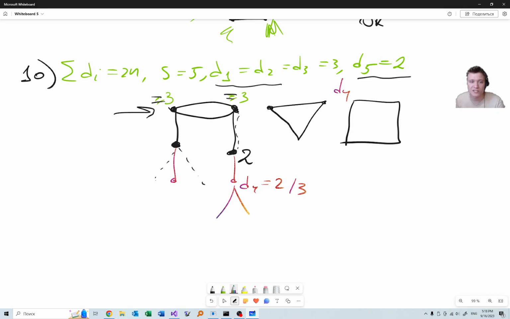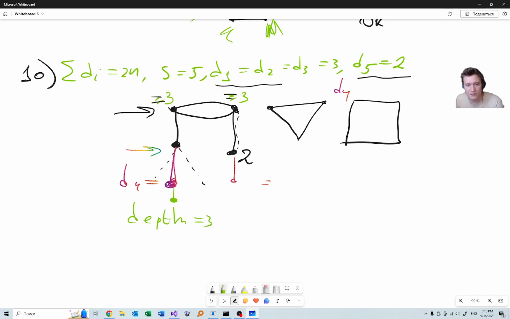Then the depth of this tree will be like 3. And the depth of this tree will be 2. The same goes if I attach d4 here. So if d4 is here, then the depth on the left will be 3, because this d4 also has a child. And here the depth would be 2.